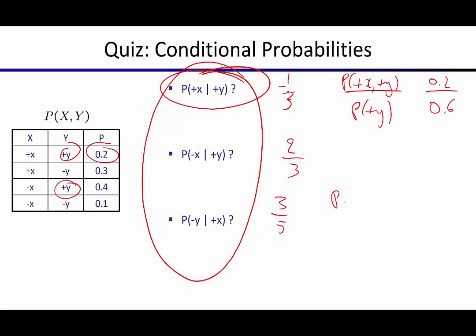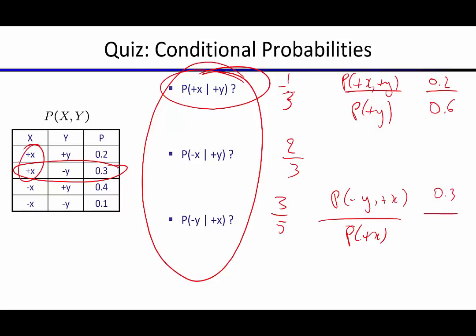This is going to be the probability of negative y and plus x divided by the probability of plus x. Negative y and plus x is sitting over here, which is 0.3. Plus x is happening here, which combines to 0.5, and we have 3/5. Great.